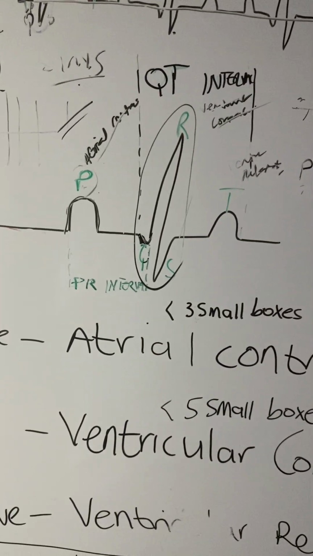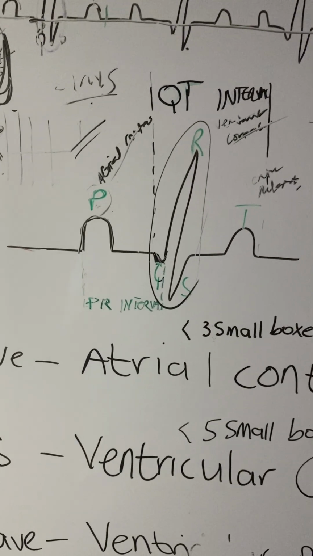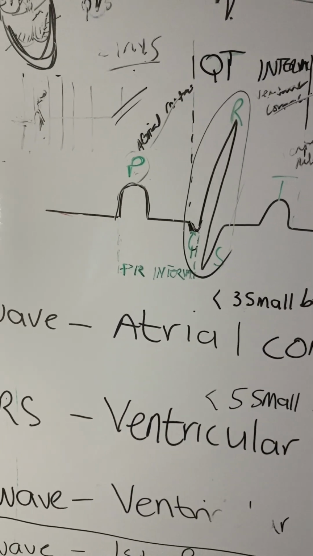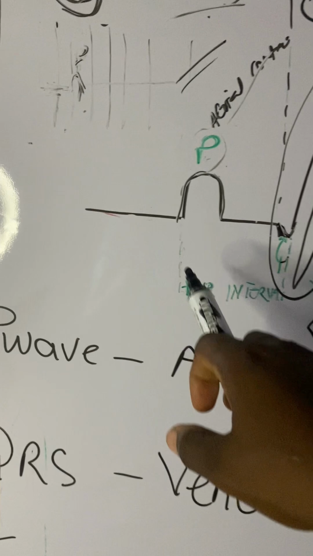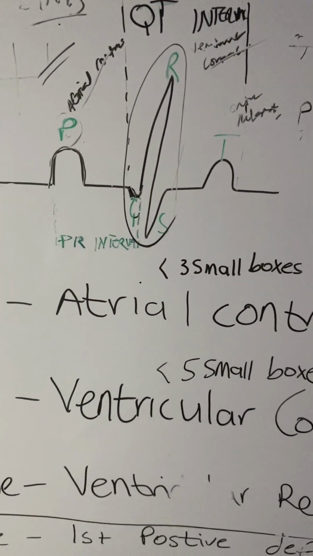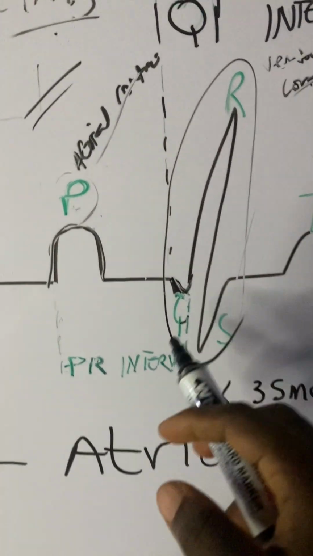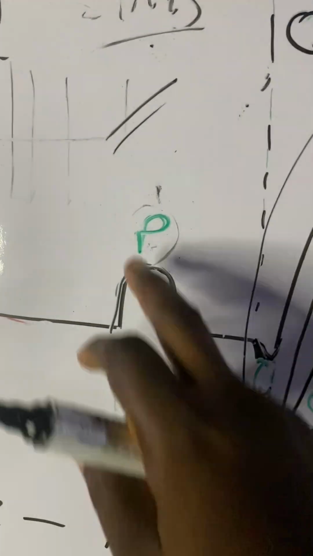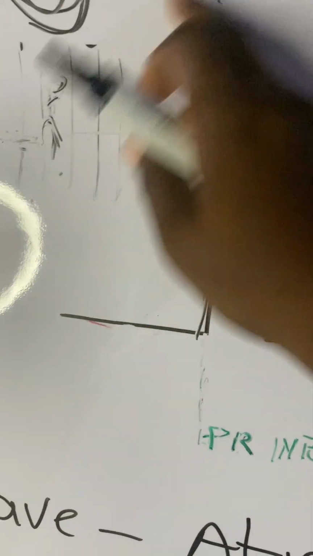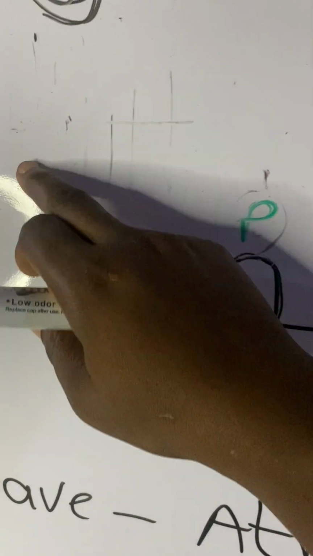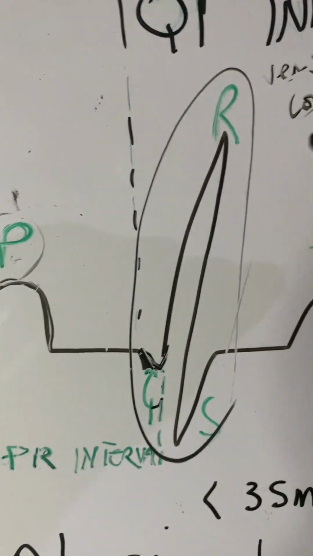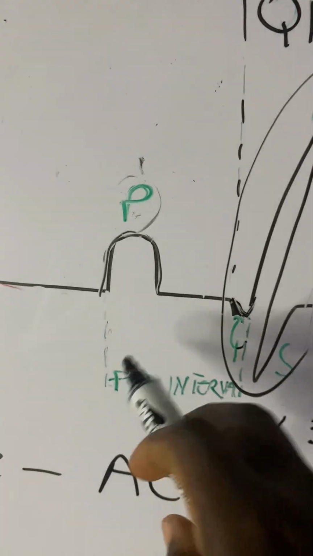Now let me give you some small tips about the normal nature, or what is expected, of these waves. First of all, we have intervals, and then we have segments. An interval is a duration that has a wave in it.